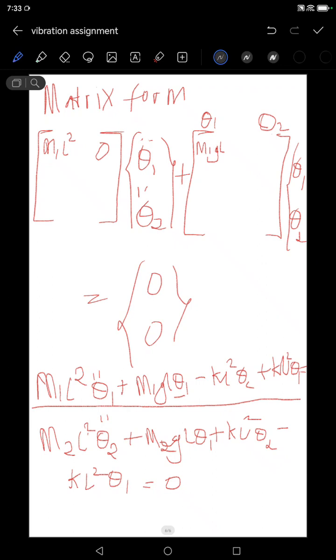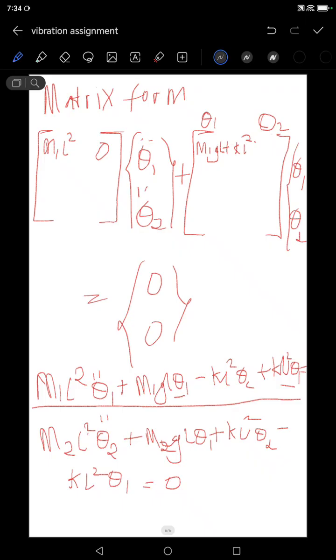And then we also do have theta 1 here, so it's going to be plus KL squared. This space is so small. Plus KL squared.